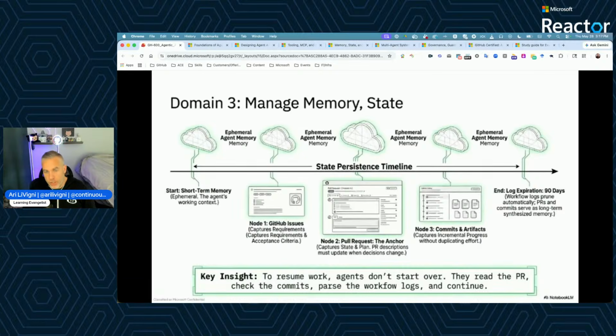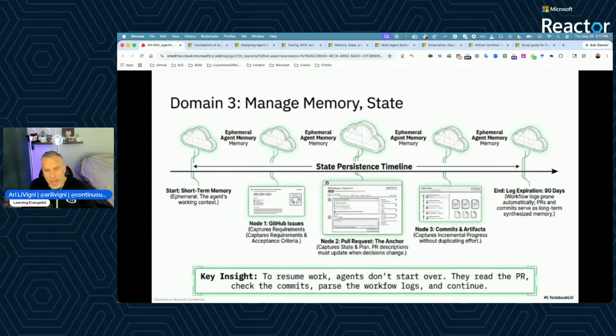Deployment or orchestration, because it can just look at those stateful artifacts, or I should say stateful components like your issues and your pull requests, to know exactly how to take action next, especially if you already tried something and it was unsuccessful, or maybe you committed something that was reverted.